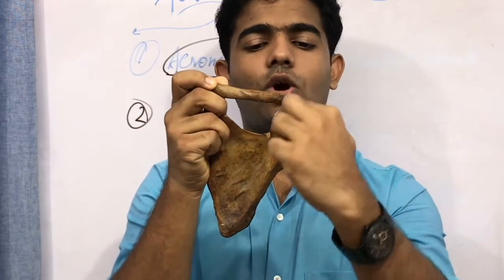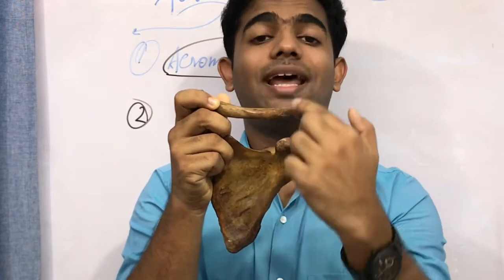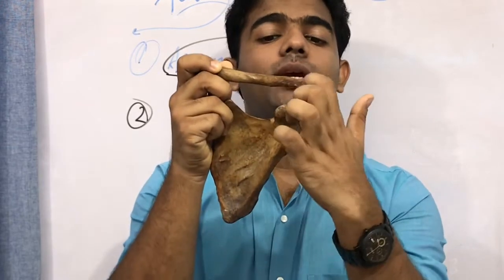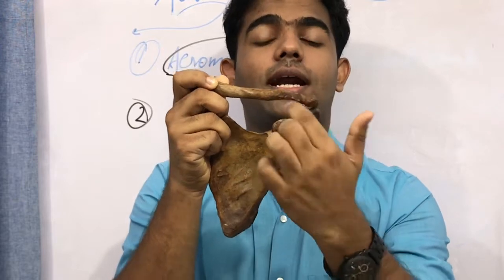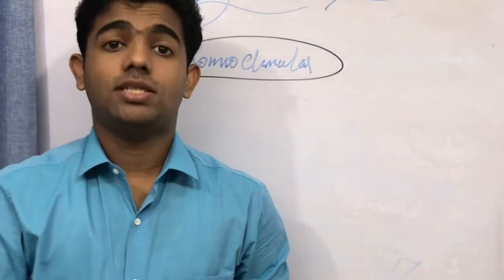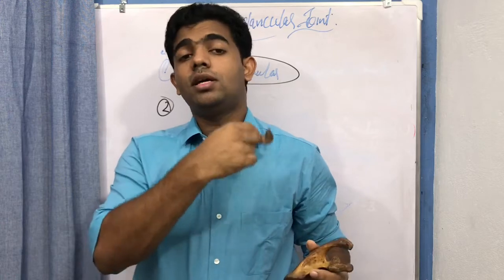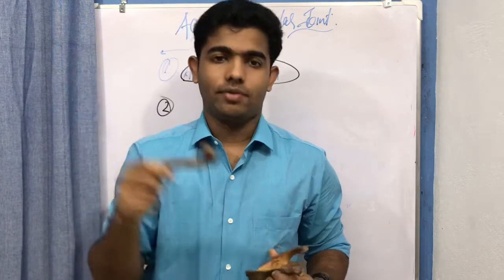This coracoid process will be joined to the clavicle by the coracoclavicular ligament. So these are the two ligaments, whereas in the sternoclavicular joint it was the sternoclavicular ligament and the clavicle to the first rib, that is the costoclavicular ligament.